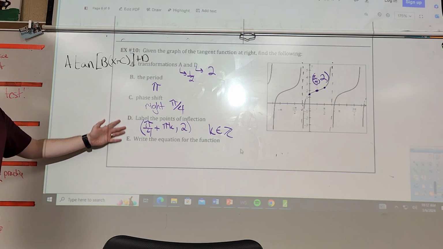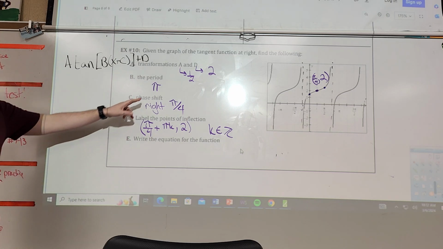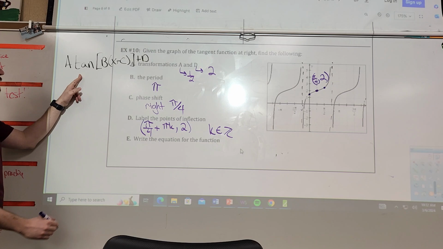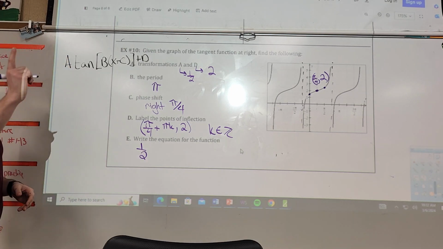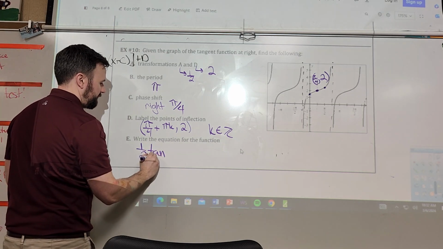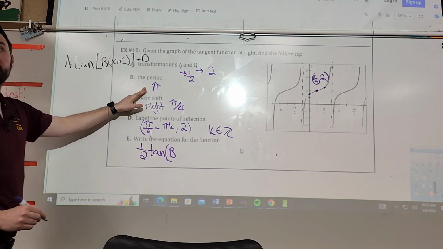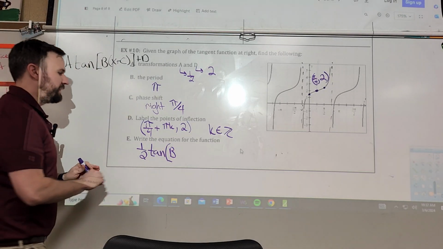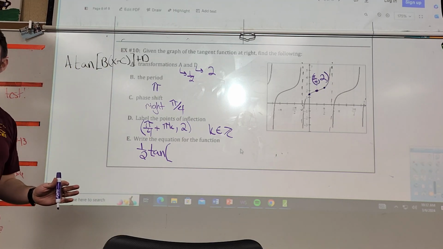Is this everything I need for my equation? What's my A? 1/2. Positive or negative? Positive because it's increasing. 1/2 tan. What's my B? Did my period change? So my B is just 1, unchanged.